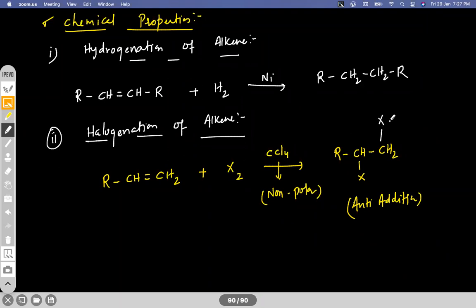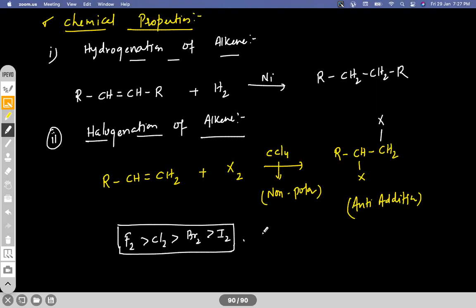It is anti-addition of halogen. Order of reactivity of halogen: it is maximum for fluorine, then chlorine, then bromine, and then iodine.